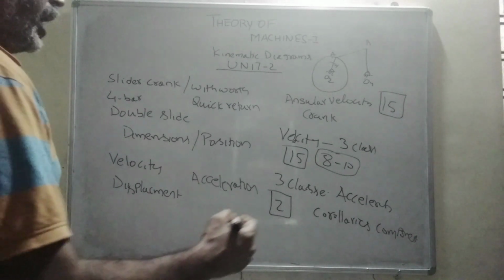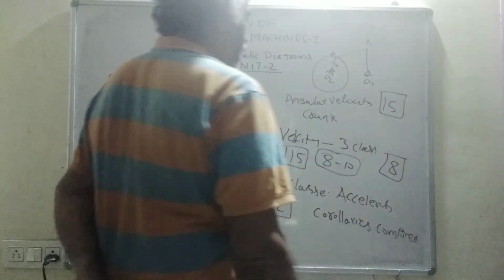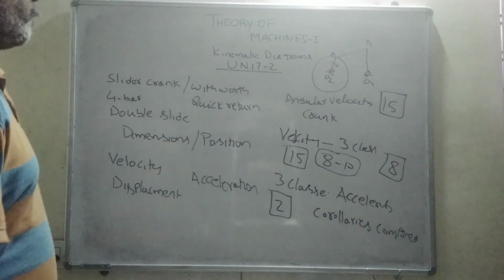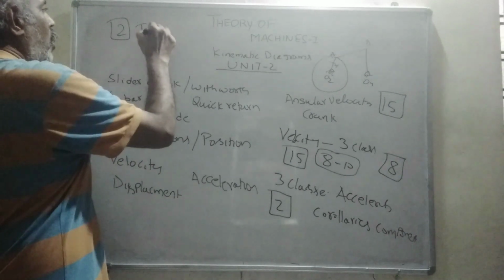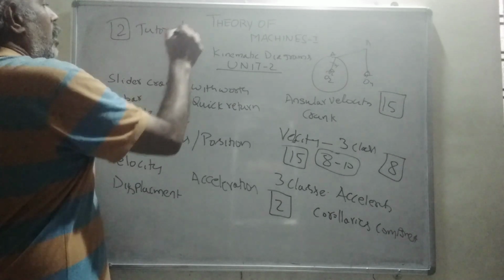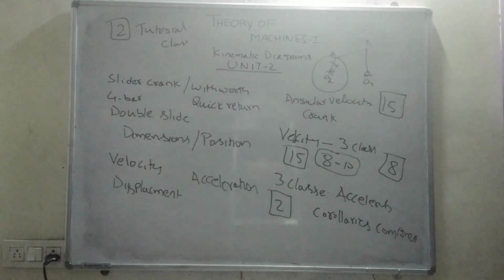So roughly 8 classes will be completed up to here, this Coriolis component, and you can take some 2 tutorial classes. You can dictate 2 or 3 problems, and you can see students solving the problems in these 2 tutorial classes.